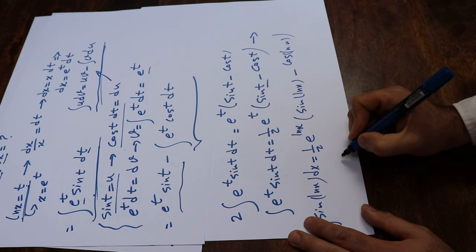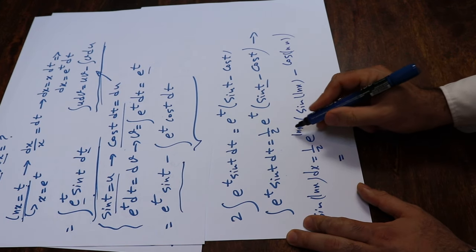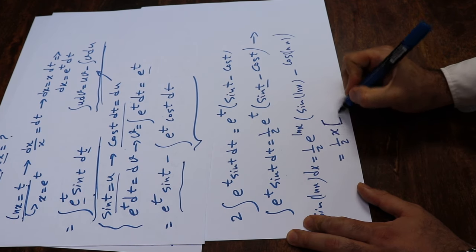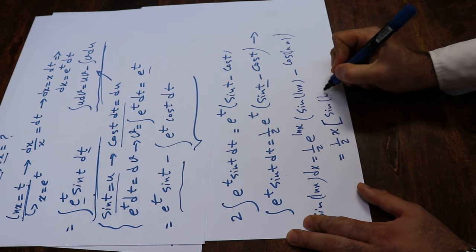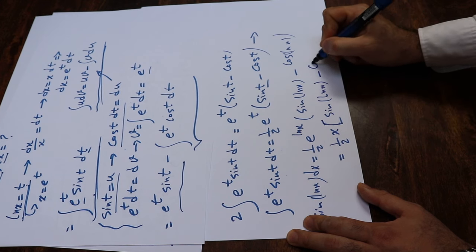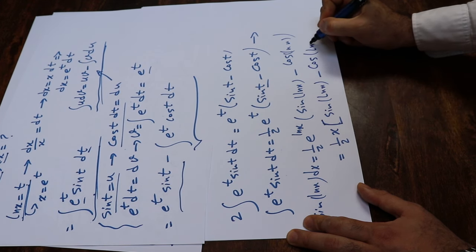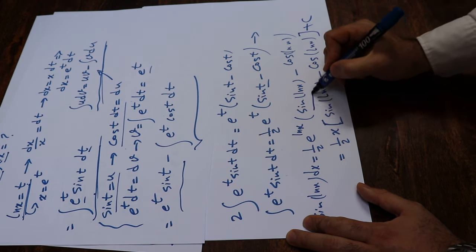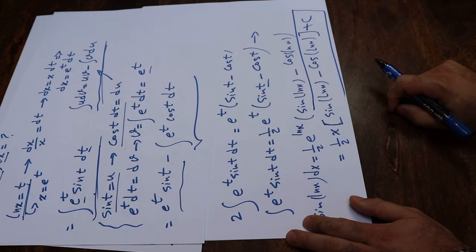You can rewrite it again, because e to the power of ln x is x: x over 2 times sine ln x minus cosine ln x, plus c, which is the constant of integration. That's the solution to our integral.